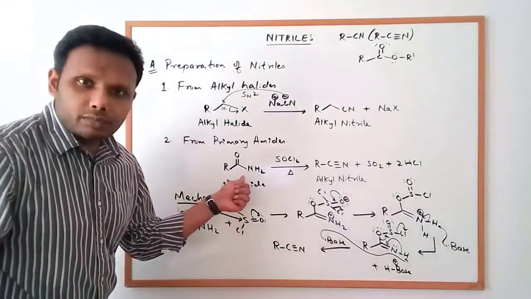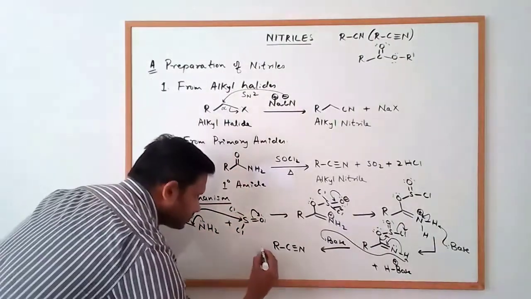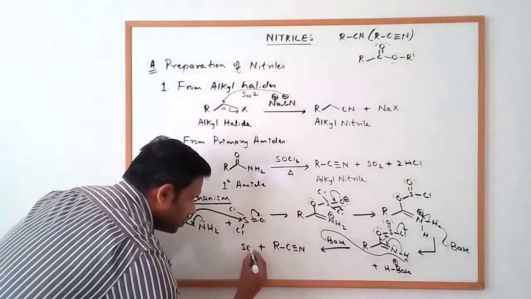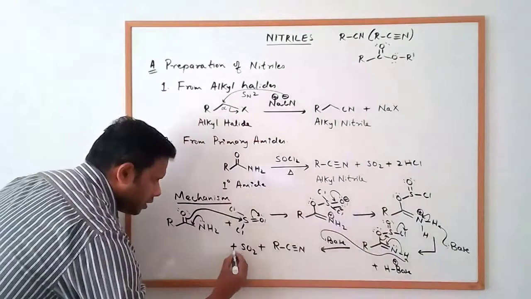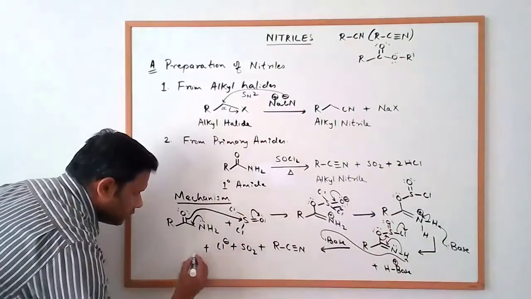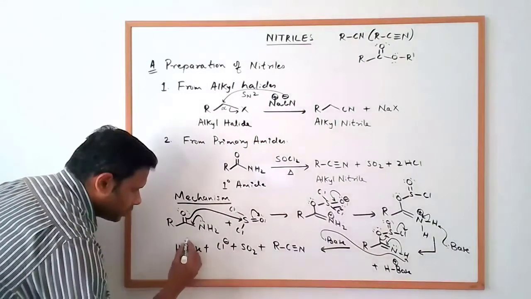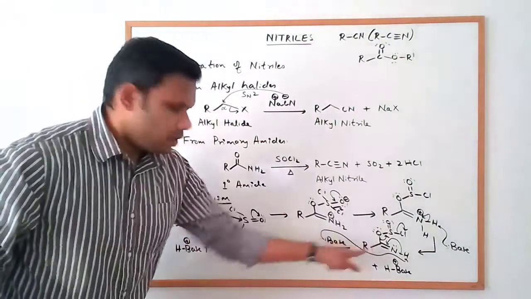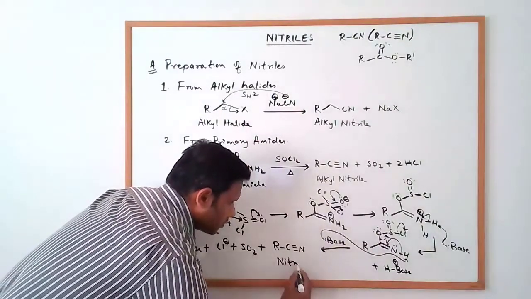We've converted the primary amide into the nitrile, along with sulfur dioxide and chloride, plus the base that's now protonated. So we made a nitrile here.